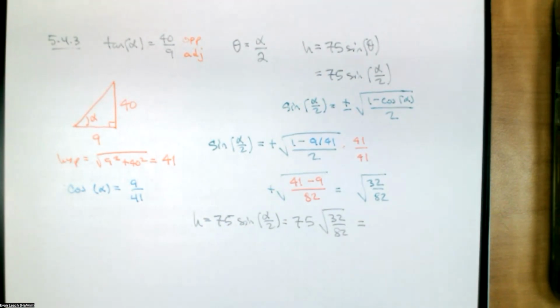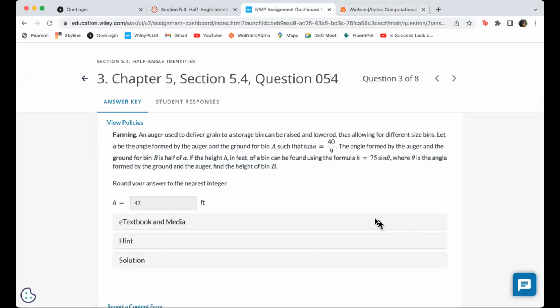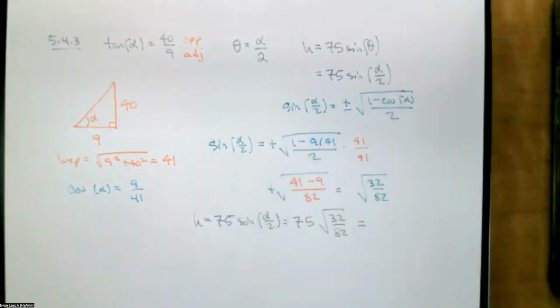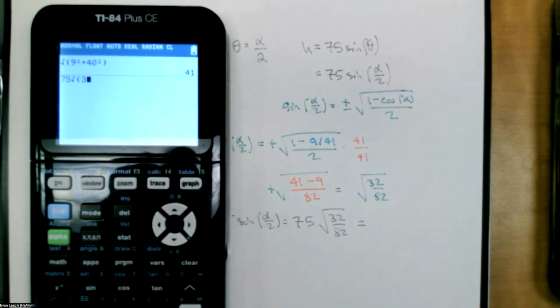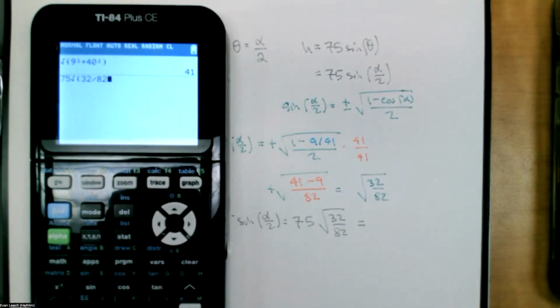Then we look at the problem to see what our instructions are for answering. This is the exact value, although not simplified. It says round your answer to the nearest integer. So I go, awesome. I just need to grab my calculating machine and figure out what 75 times the square root of 32 over 82 is.